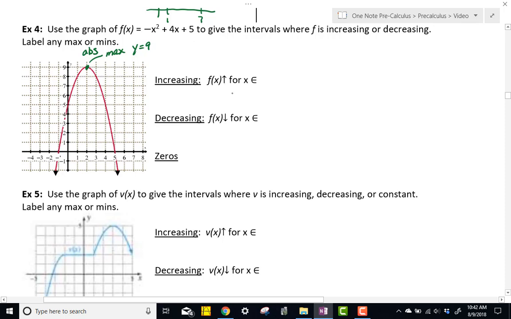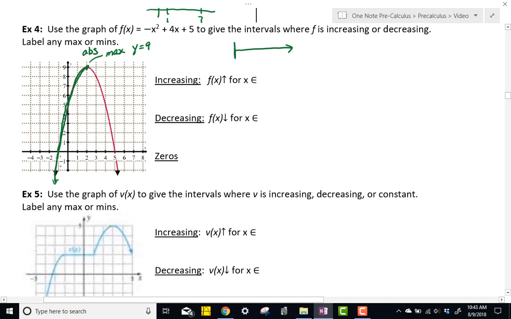Where is this function increasing? Notice my notation here. F of x, the little arrow means increasing for x in the interval. Okay? So I basically want to know as I move from some point on the left to the right, where's my graph going up? All right? That's pretty easy to see. My graph is going up all the way in this section right here. Okay? So as I come across from left to right, this graph is increasing.